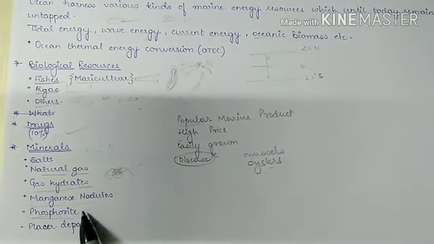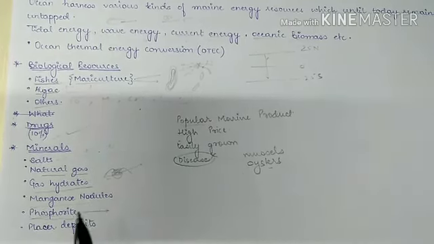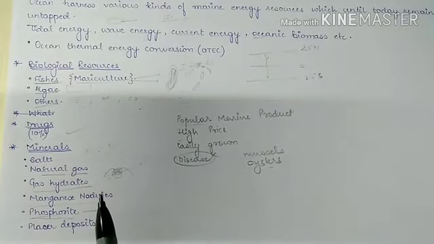Now phosphorites are most abundantly found in the Southern Californian offshore coasts, and they occur in the form of phosphatic nodules, phosphatic pebbles, phosphatic consolidated beds, and phosphate mud banks.